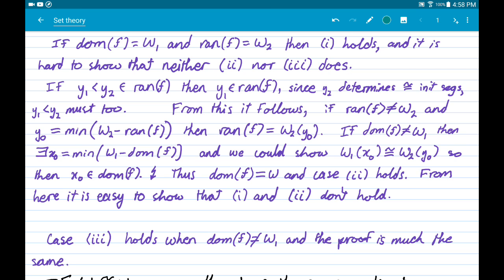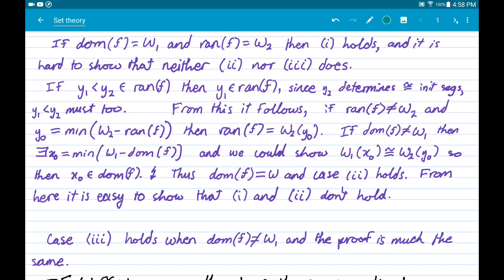So for contradiction, suppose that the domain of f is not equal to w1. In that case, we could again take the set difference, find the minimum element. We could call it x0. We know it must exist. At that point, we could argue that the initial segments given by x0 and y0 must be isomorphic.